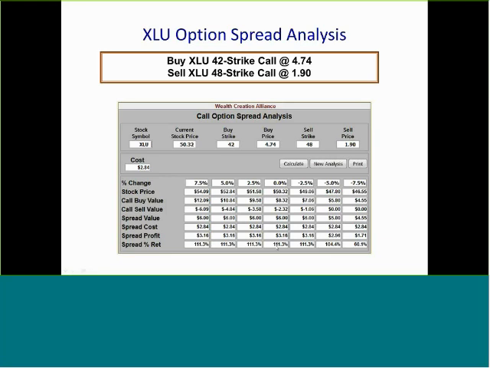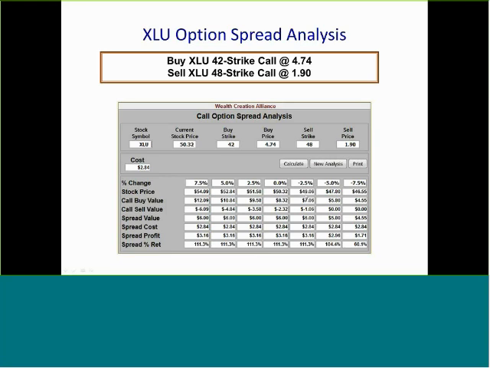So in this case, we can profit on XLU if it is flat at expiration, we'll get 111%. If it goes up at all, we'll get 111% return for the spread.